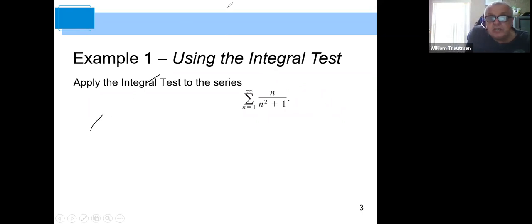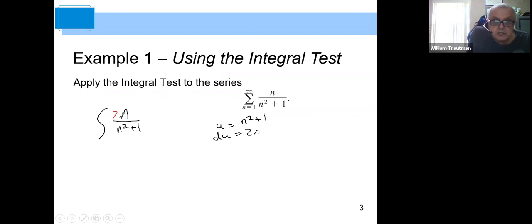So the only thing we need to do then is integrate this. If I say u equals n squared plus 1, then du equals 2n. I need a 2 here and a 1/2 here.